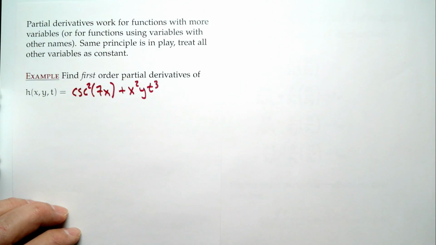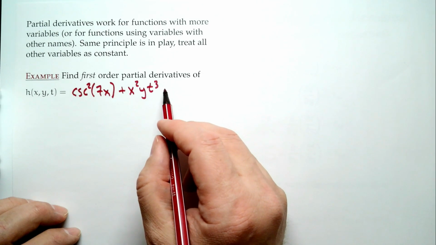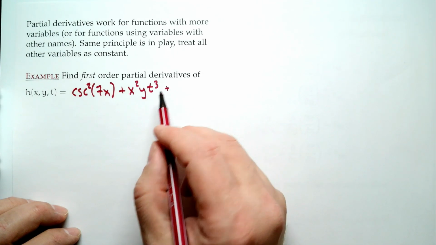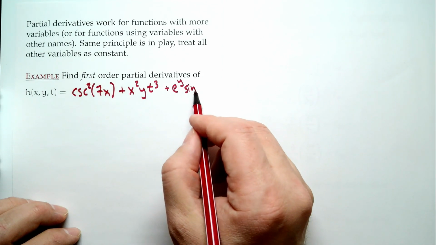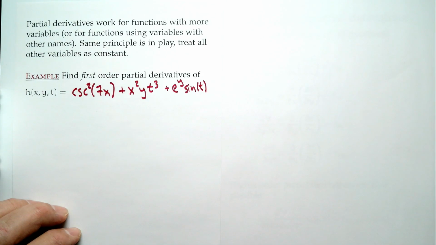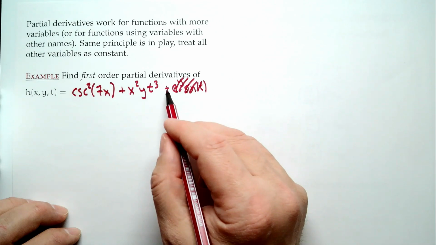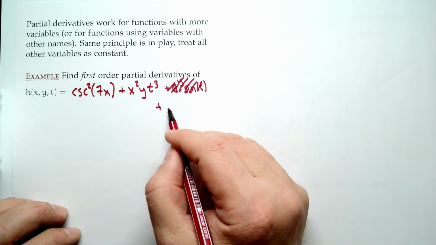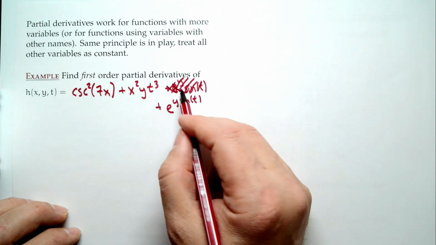Anyone else want to contribute something? E to the y times sine of t, something like that. Sine of t times y. The sine of t is a power. Maybe like that? Yeah. Okay.